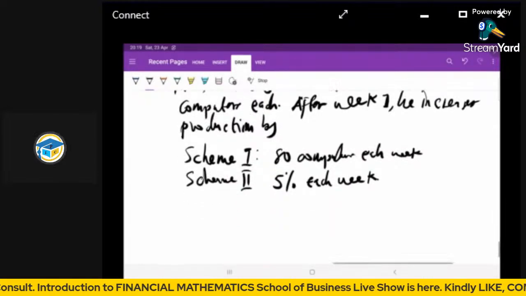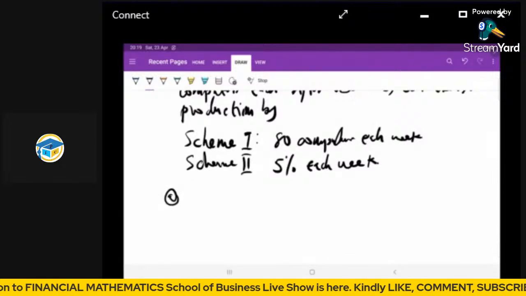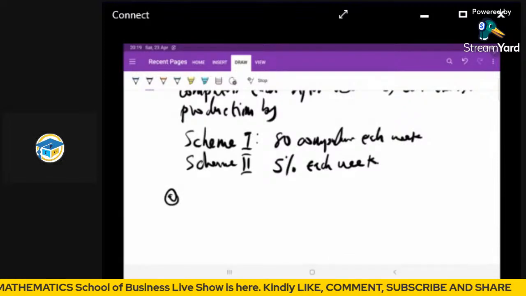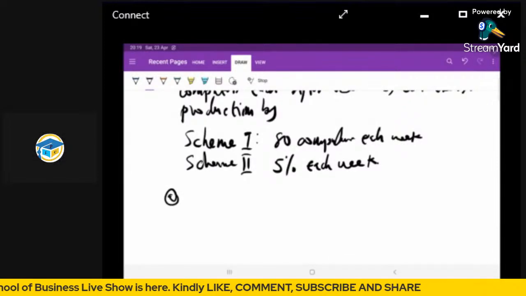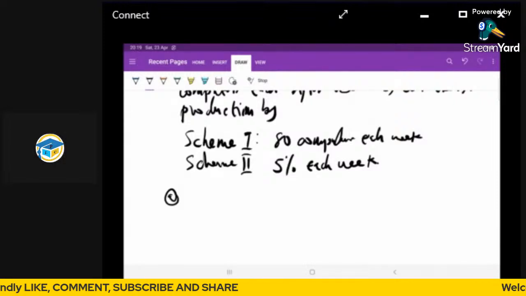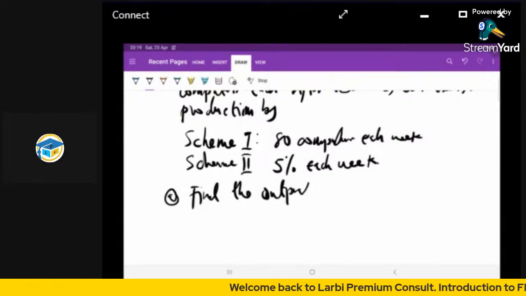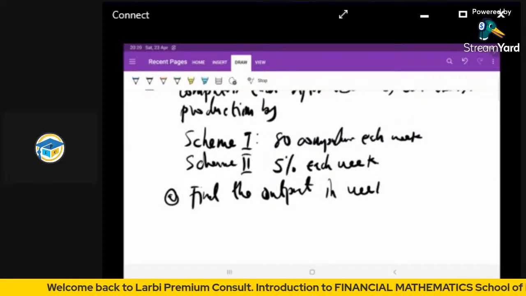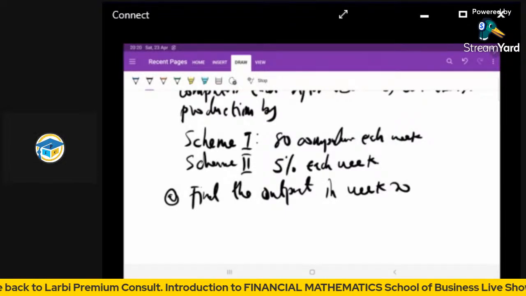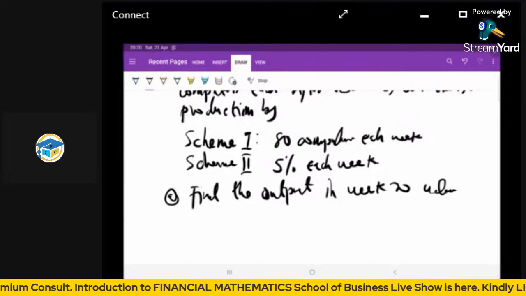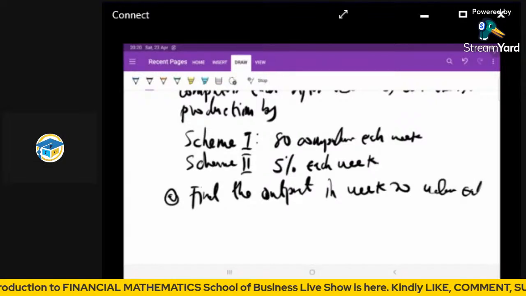So the question here is A: find the output in week 20 under each scheme.